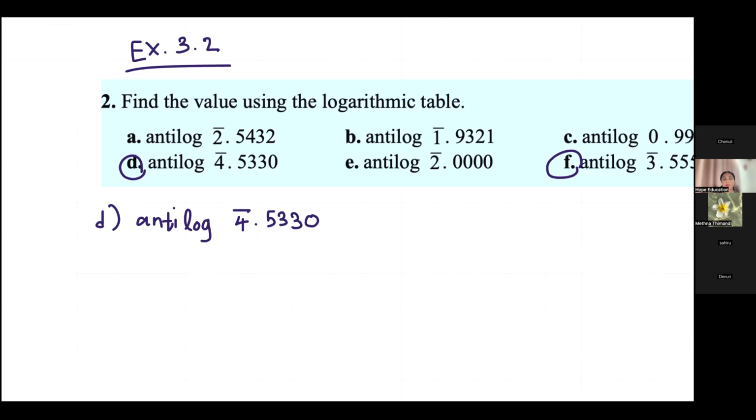Okay, so it should be 5330. Mantissa, you read from the log table, right? So when you read it from the log table, you should get 3412, right?